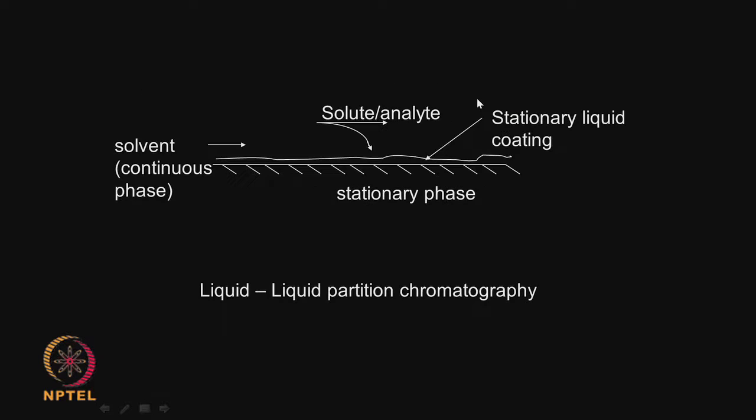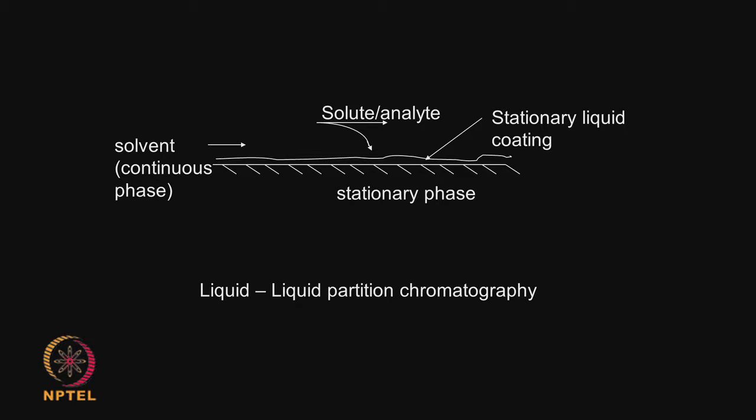So, if you look at liquid partition chromatography, we have the stationary phase and then there is a stationary liquid coating on top of it. The solvent comes, that is the continuous phase, so the solute partitions. This is exactly like extraction, only thing is one liquid is immobilized on the surface.